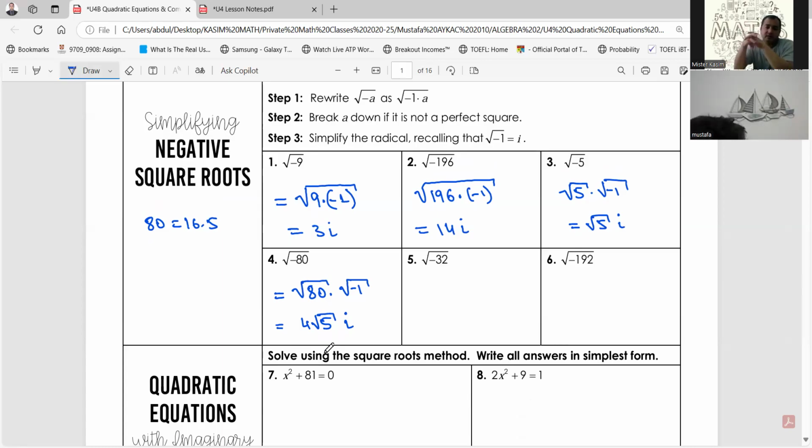Writing numbers in terms of I. 4 times square root of 2i. Very good. So 16 times 2, that is 4 square root of 2 times I.